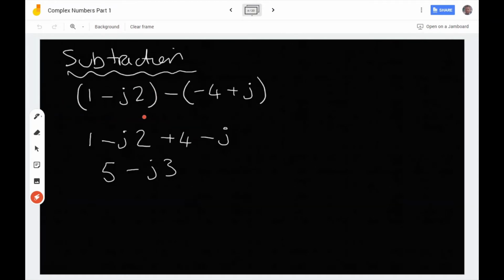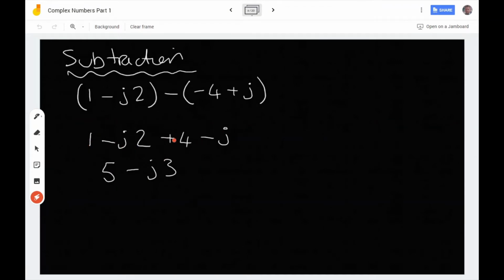This isn't a complex numbers thing, this is an expanding brackets thing, but in complex numbers this probably would cause the most confusion. So just to reiterate, we've now got 1 minus j2, plus 4 because of the effect of the minus and the minus, and minus j because of the minus and the plus. Now we've got an expression with no brackets in it, and again we can collect like terms together.